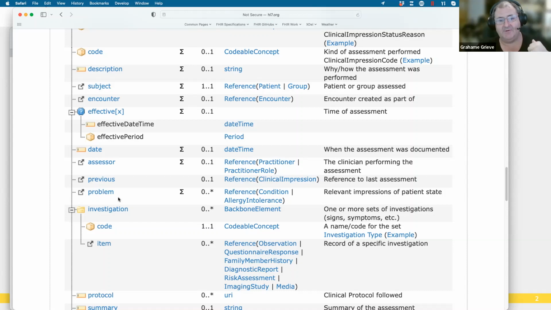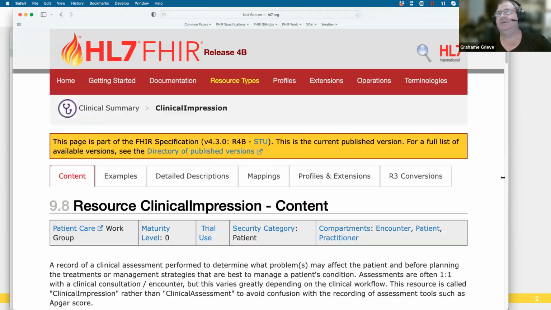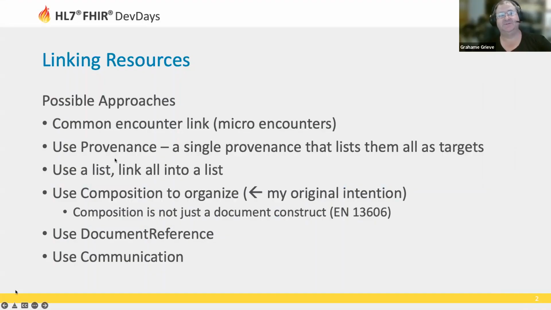Unless we're going to have hundreds of resources for all these workflows, what are we going to do? I don't think we need hundreds of resources, but I think we need explicit resources and not composition. Well, we'll see about that. I should have added clinical impression to this list then, shouldn't I?